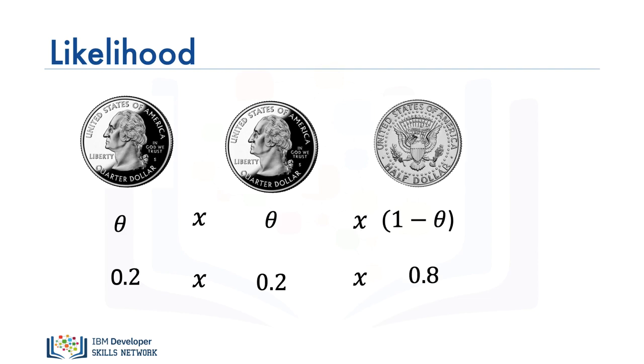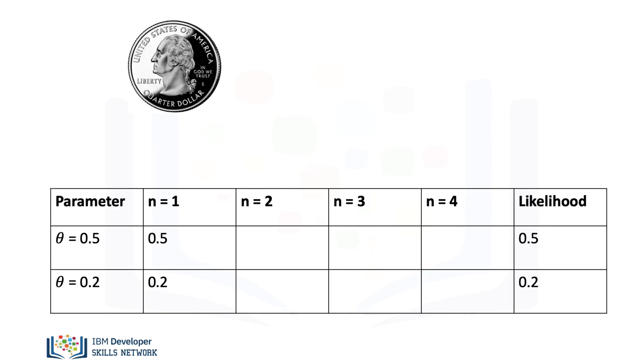For the third flip, we obtain a tail, and the probability of observing one is 0.8. To obtain the likelihood of this sequence of events, we simply multiply 0.2 times 0.2 times 0.8, which equals 0.096.